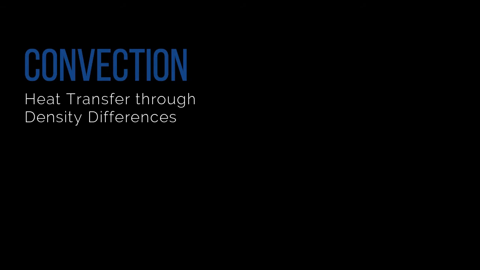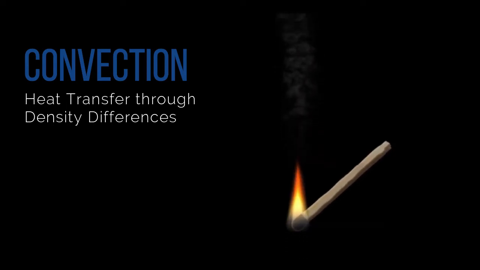This is heat transfer through or as a result of density differences. Again, here is the example. Imagine I have a match, and as we may know, it is not the best idea to hold a match above an open flame like this. This is because a lot of the heat energy generated by that flame is going to rise.